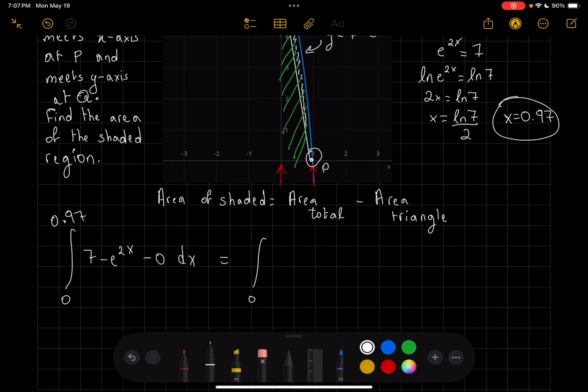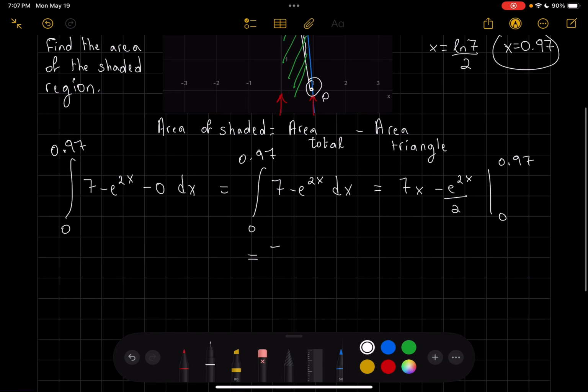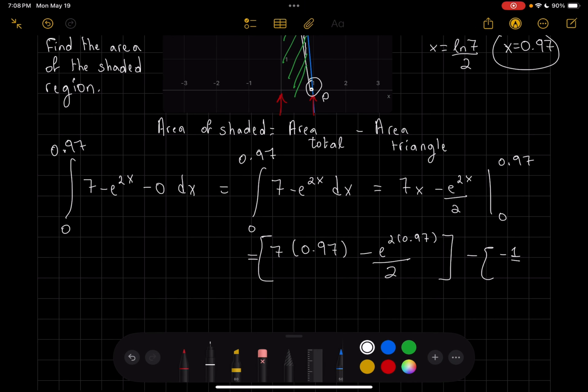So the integration from 0 to 0.97 of 7 minus e to the power of 2x dx is going to be 7x minus e to the power of 2x over 2, from 0 to 0.97. So it's going to be 7 multiplied by 0.97 minus e to the power of 2 times 0.97 over 2, minus 0 and then minus e to the power of 0 over 2, which is 1 over 2.